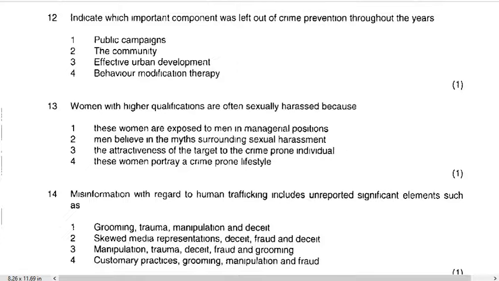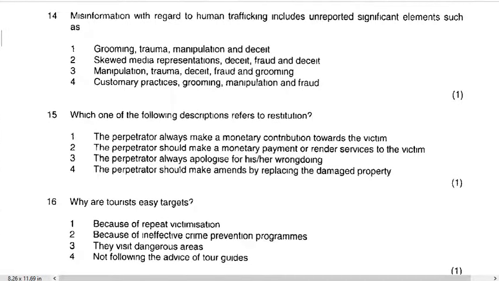13. Women with higher qualifications are often sexually harassed because. The answer is 1. These women are exposed to men in managerial positions. This is found on page 56 of our study guide. 14.